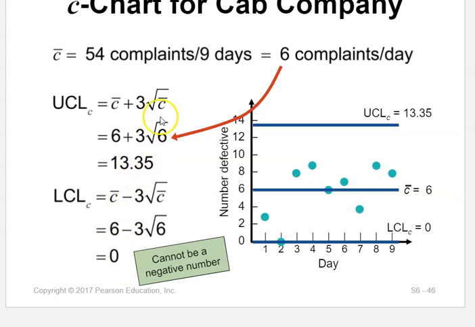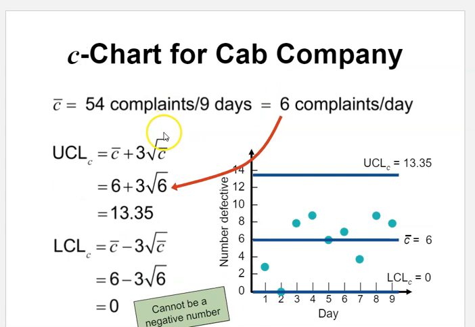We don't have less than 0 complaints, right? That makes sense. And then we can graph the chart. And you can see that for complaints, if we have no complaints, that's a good thing, right? So the lower bound is on the limit.